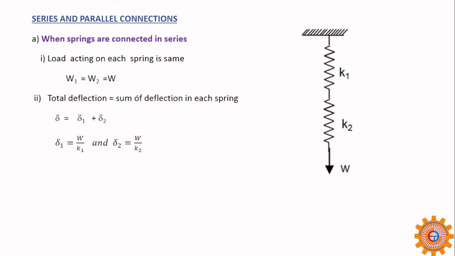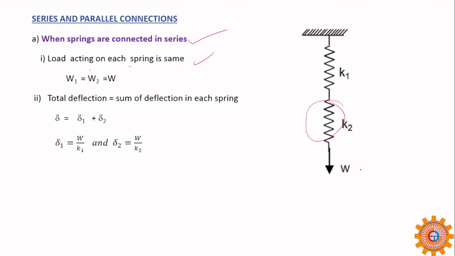So this is another concept. This is the spring constant of one spring, W1 by delta 1, and this is another spring constant, W2 by delta 2. So keep in mind that when springs are connected in series, the load acting on each spring is the same.